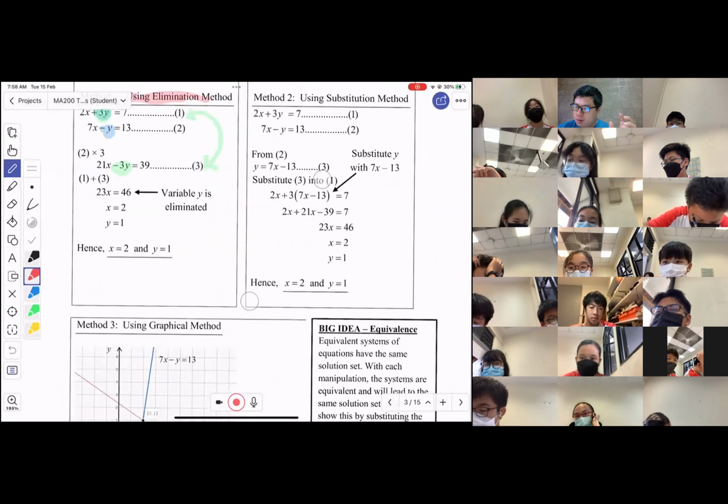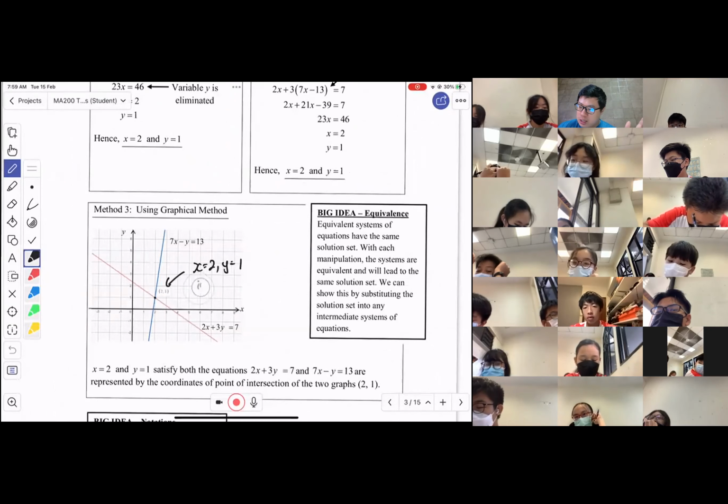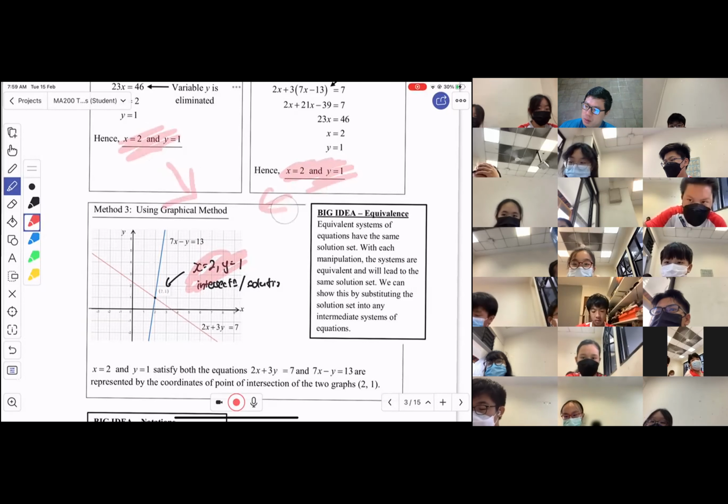The third one is graphical, and you can see here that x equals 2, y equals 1. The intersection and the solution are the same. Whether you use graphical, substitution or elimination, they all give the same answer.